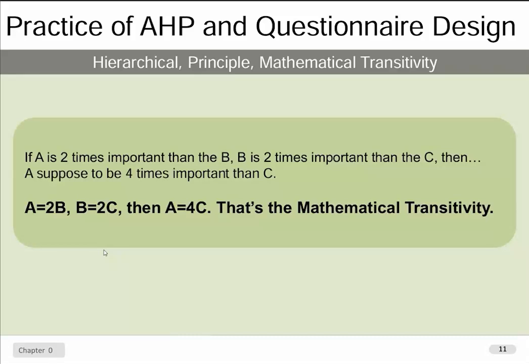So please tell the respondents to follow this order to do the questionnaire. I think that's all. And for the rest, the calculation part, we can do another tutorial later.